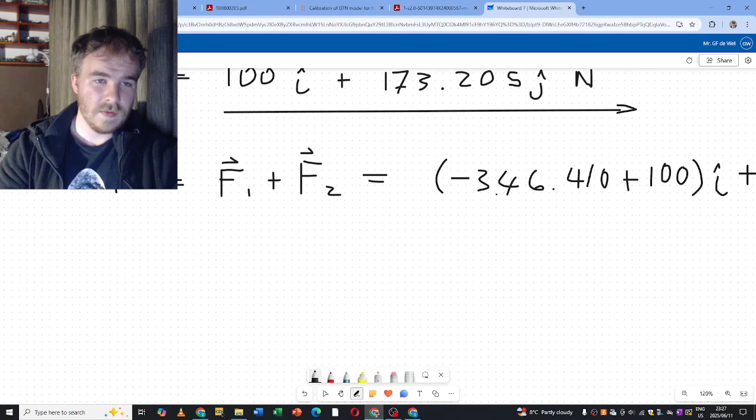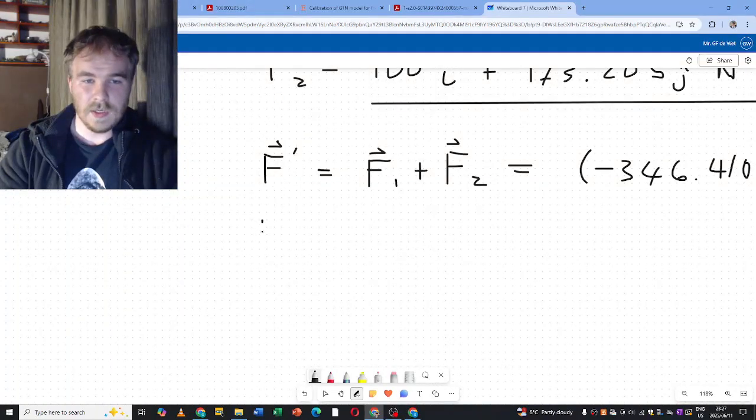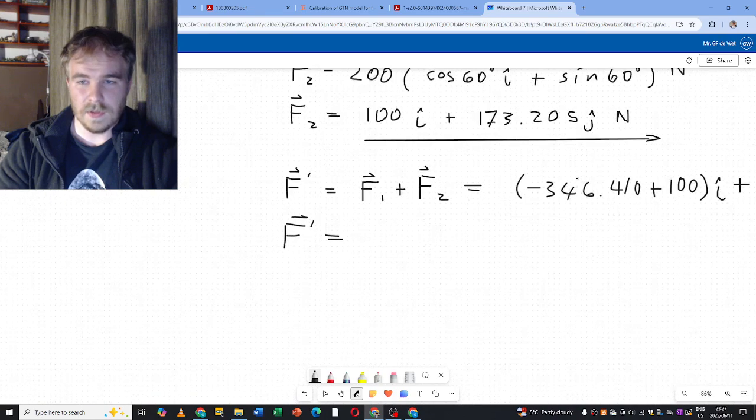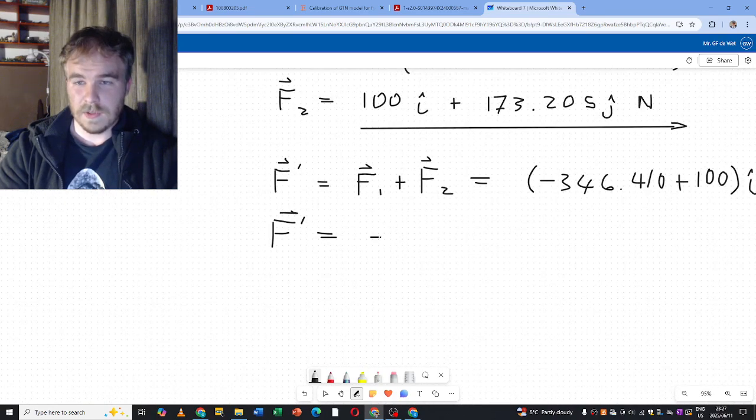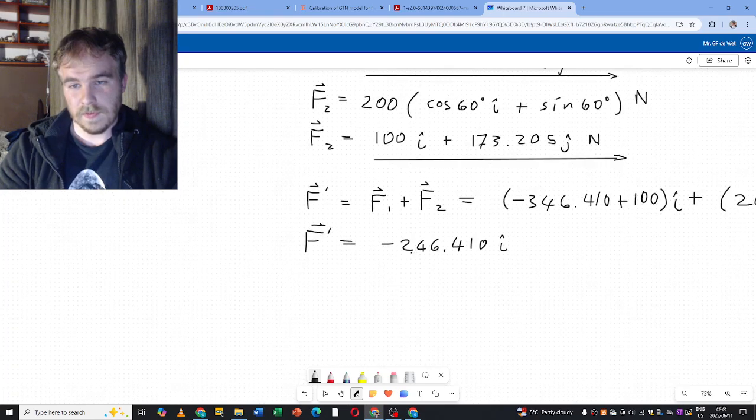and then we can say that F prime, this is a fairly simple one, I'm just going to do that out of my head, is minus 246.410 in the i direction.